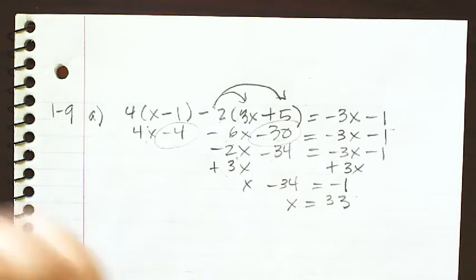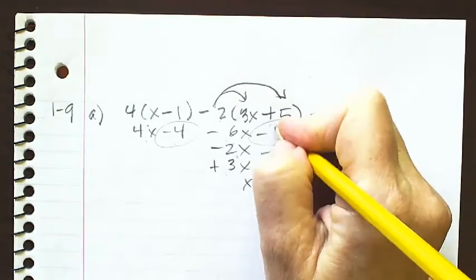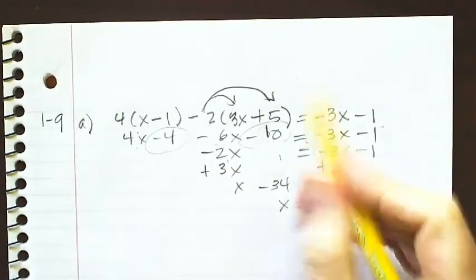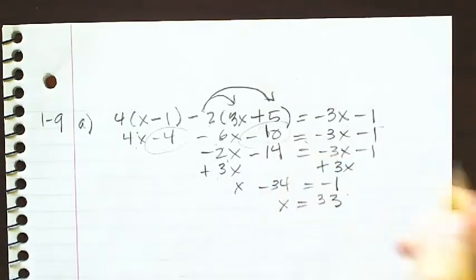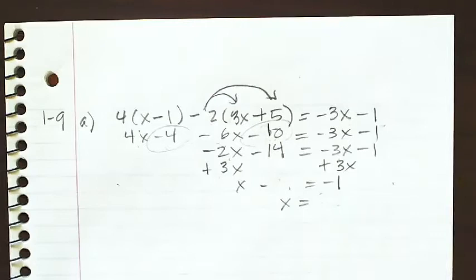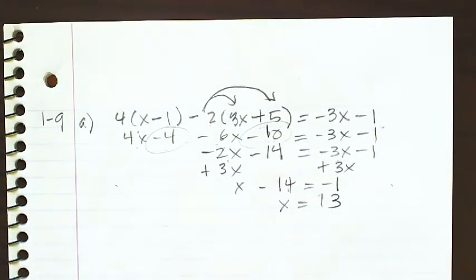I think I wrote something wrong. Hold on. I wrote a 30 where I should have written a 10. So that's going to be negative 14. So that's going to be 13. There we go.